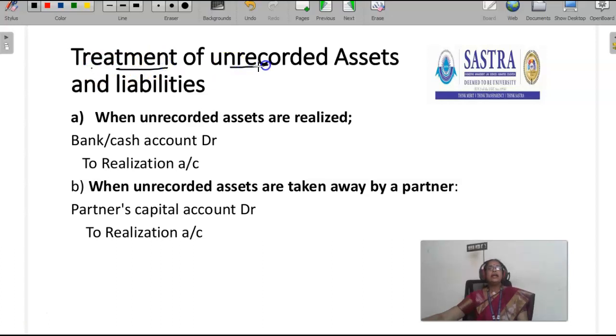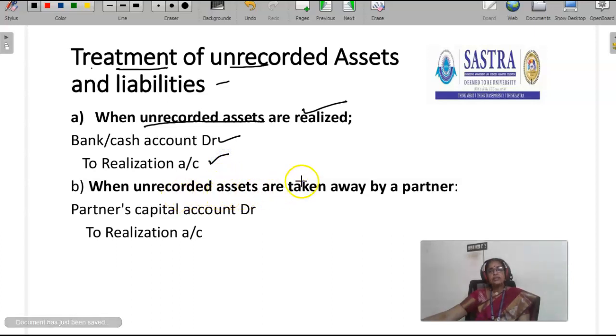Treatment of unrecorded assets and liabilities. Sometimes in the partnership books, some assets may be missed or may not be available. If the unrecorded assets are realized or sold, the entry would be bank or cash account debit to realization account. Unrecorded asset means the asset is there physically, but it is not in the book. They failed to record that asset.